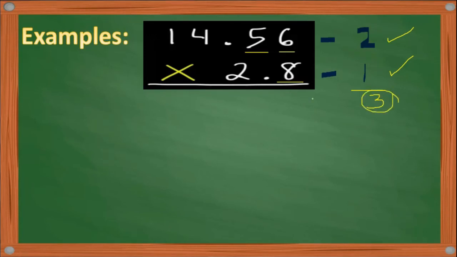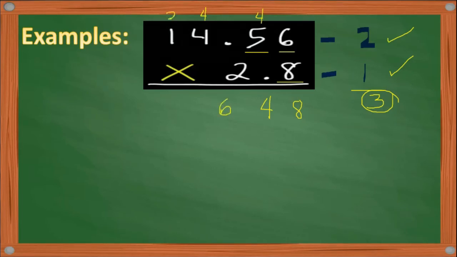Let's continue. So 8 times 6 is 48. Carry 4. 8 times 5 is 40 plus 4 is 44. Carry 4. And then 8 times 4 is 32 plus 4, that is 36. Carry 3.